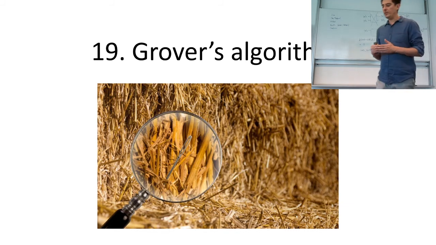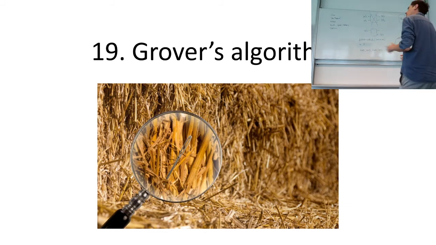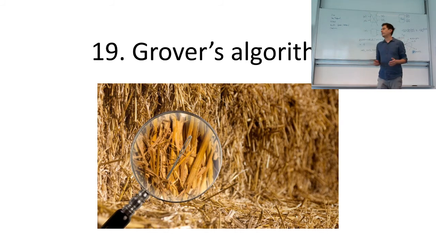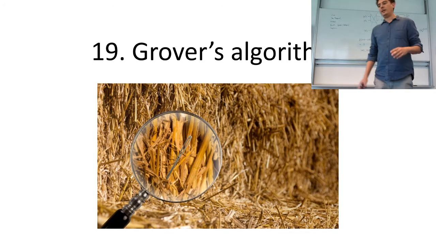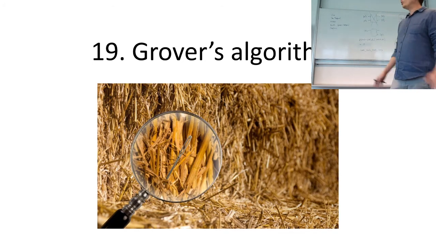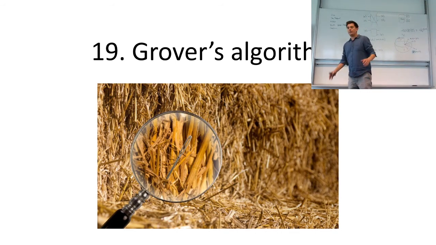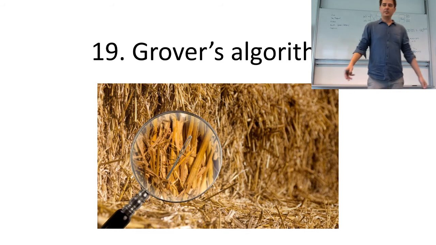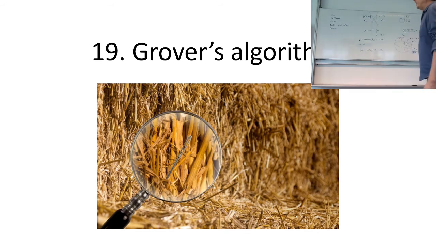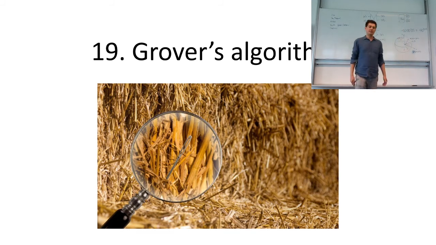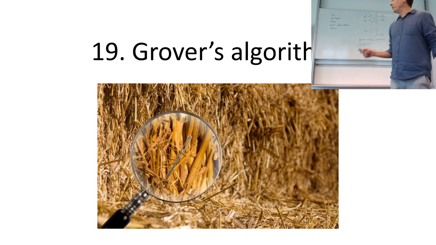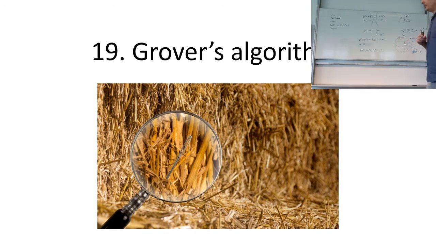If you're familiar with the English expression, finding a needle in a haystack, then essentially it's something to imply that you have to find some small and difficult to find thing within a much bigger range of things, right? So it's to imply that it's very difficult to find. So you say it's like finding a needle in a haystack. And Grover's algorithm is exactly an algorithm that does this kind of task.